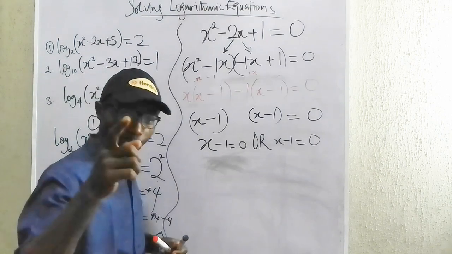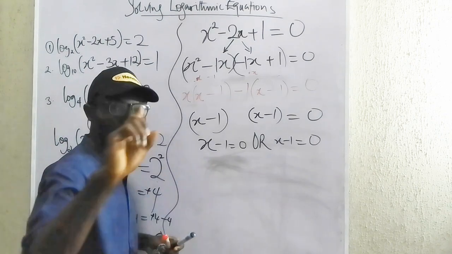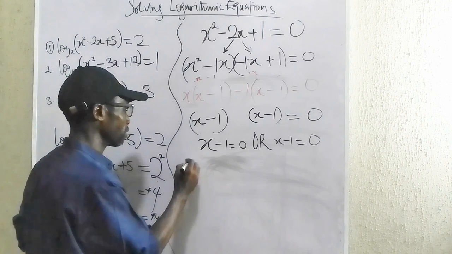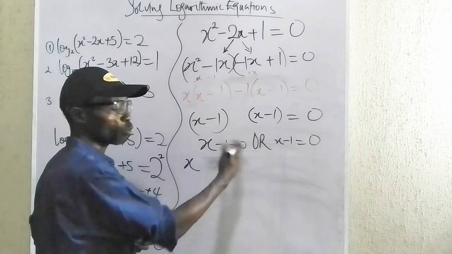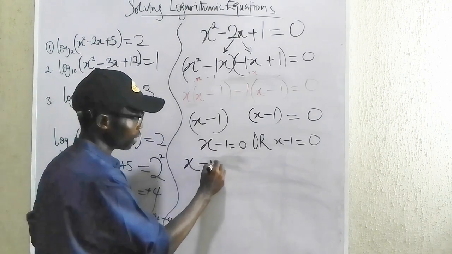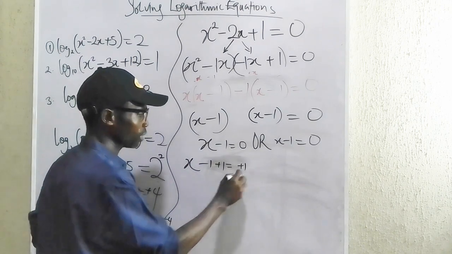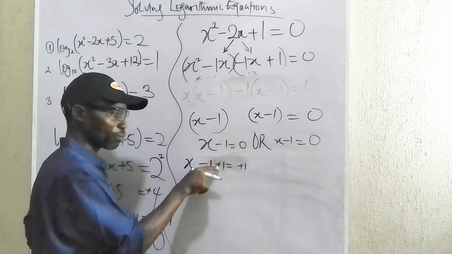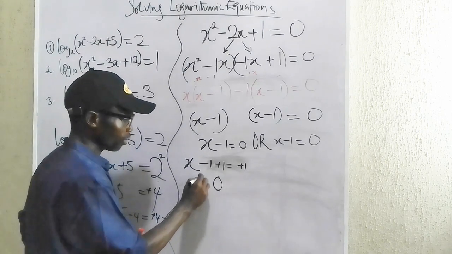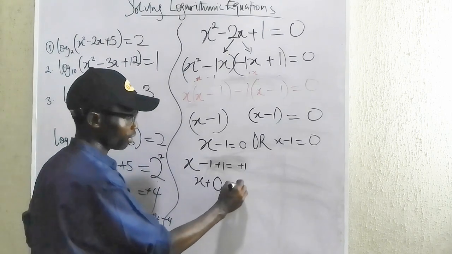That's plus 1. So the additive inverse of minus 1 is plus 1. We do it on both sides. So minus 1 plus 1 is going to be 0. So x will remain, and all we'll have is plus 1.